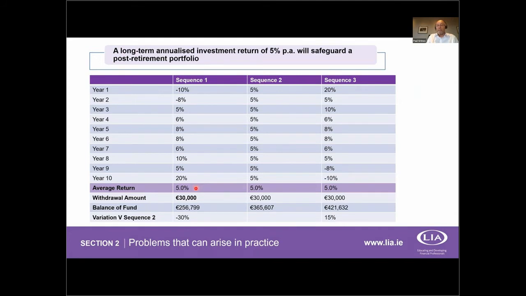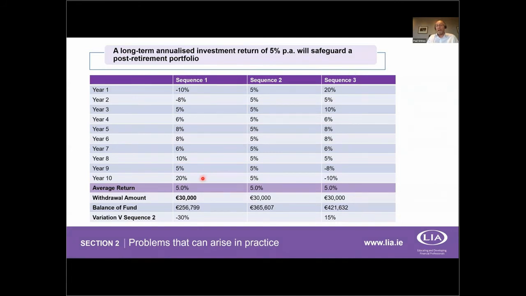So the key thing here is my average return, in percentage terms, is an average of 5% per annum in declared annual returns over the 10-year time frame. So I have average returns of 5% on both sides. It's the same scenario, taking out 30,000, but in this case my closing valuation at the end of the 10 years is 256,000.